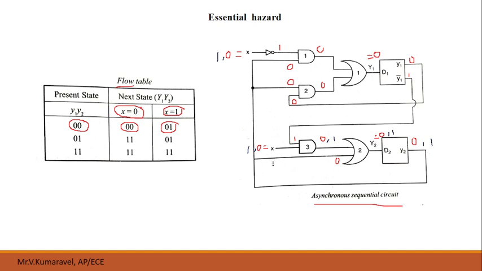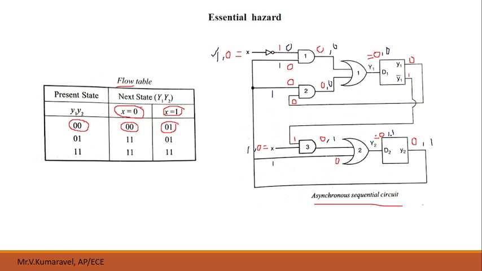So here 1, so here 1, so here also 1. Here 1 means here you will have 0. So 0, 1, here output will be 0. So it is still 0, 0 once, here it is again 0. When x changes to 1, your next state output is 0, 1. This is what we are expecting.